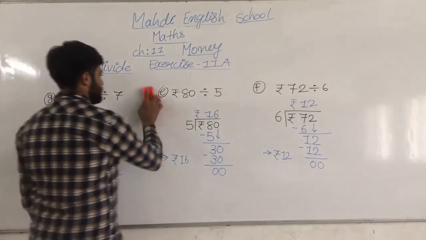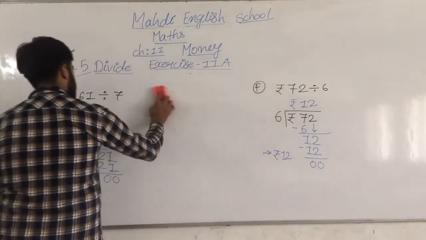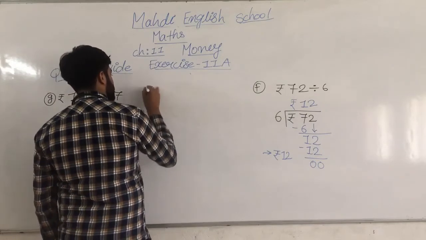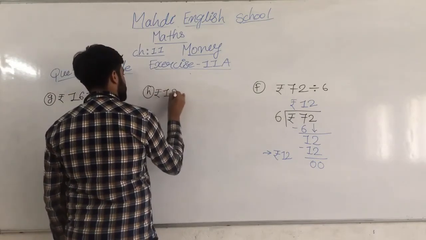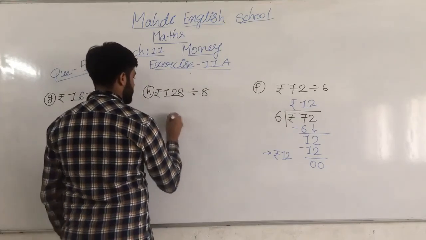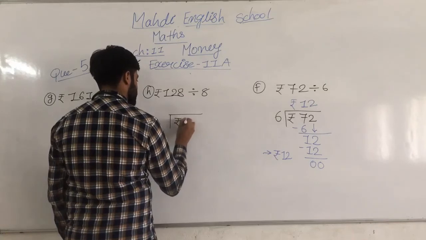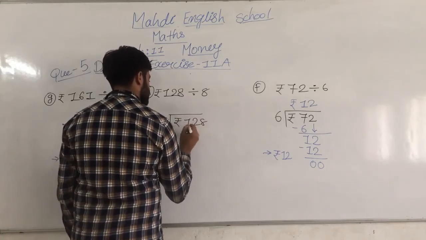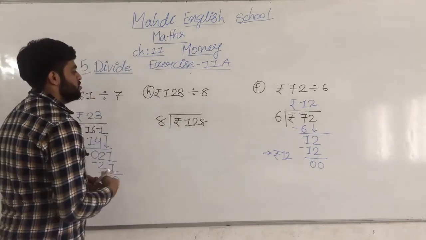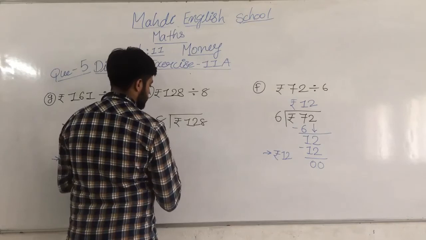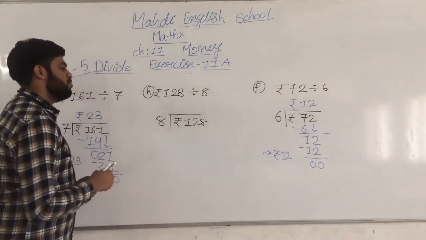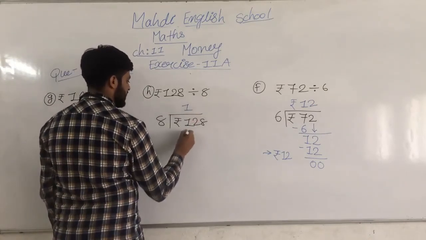Question number H. Question number H is what will be 128 divided by 8. Okay. So, my dear students, what we have to do here is 8 ones are 8.